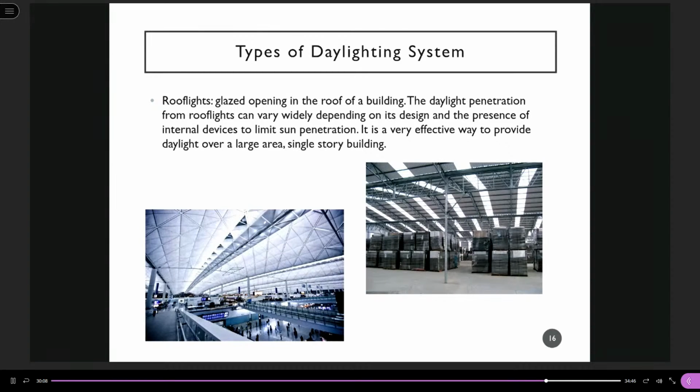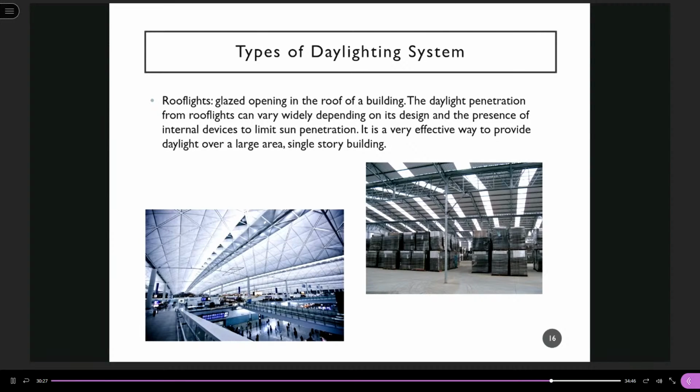So a roof light is just an opening on the roof. Apart from the opening, they may also have some reflective device to reflect the light into the interior. So they are very effective at providing daylight over a large area.